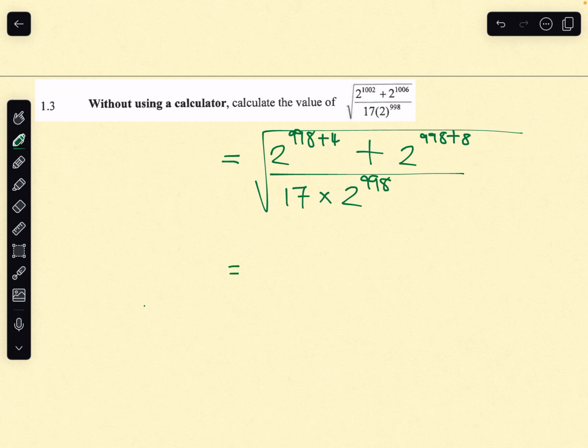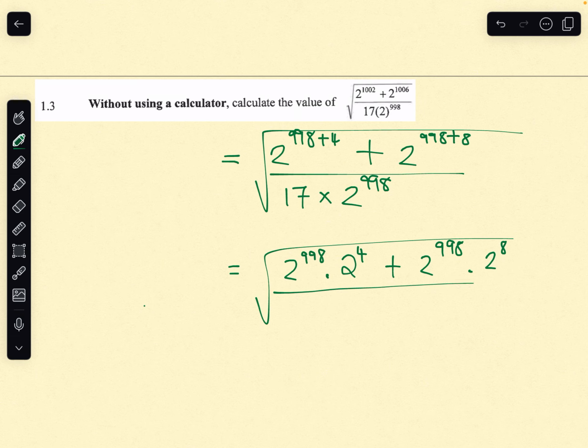So now, that square root is not big enough. Just to be abundantly clear about what's going on here, remember that this is going to be the same as 2 to the 998 times 2 to the 4. And over here we have 2 to the 998 times 2 to the 8. Okay, and here we've got 17 times 2 to the 998.